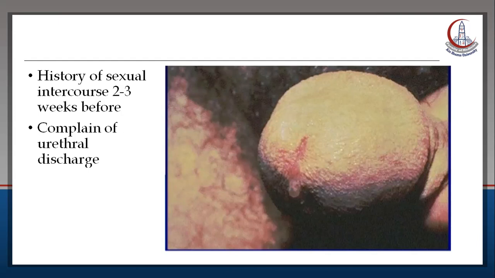And here the treatment differs. First line treatment is azithromycin 1 gram single dose or tetracycline like doxycycline 100 milligram day and night for 14 days. Usually, when you start to study, you'll find that azithromycin is also present as a line of treatment in gonorrhea.